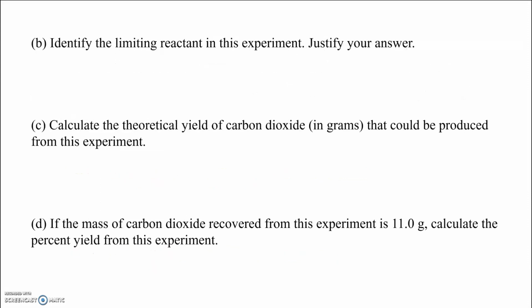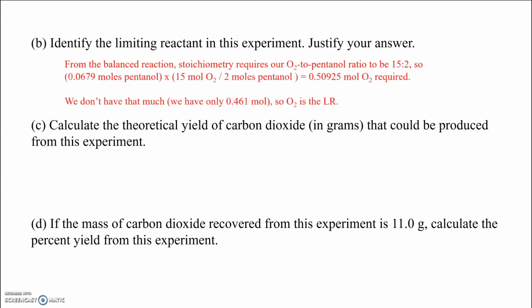Part B, identify the limiting reactant in this experiment. Limiting reactant, also known as limiting reagent, and justify my answer. All right, from the balanced reaction, stoichiometry requires our oxygen to pentanol ratio be 15 to 2. We get that by looking at the stoichiometric coefficients.